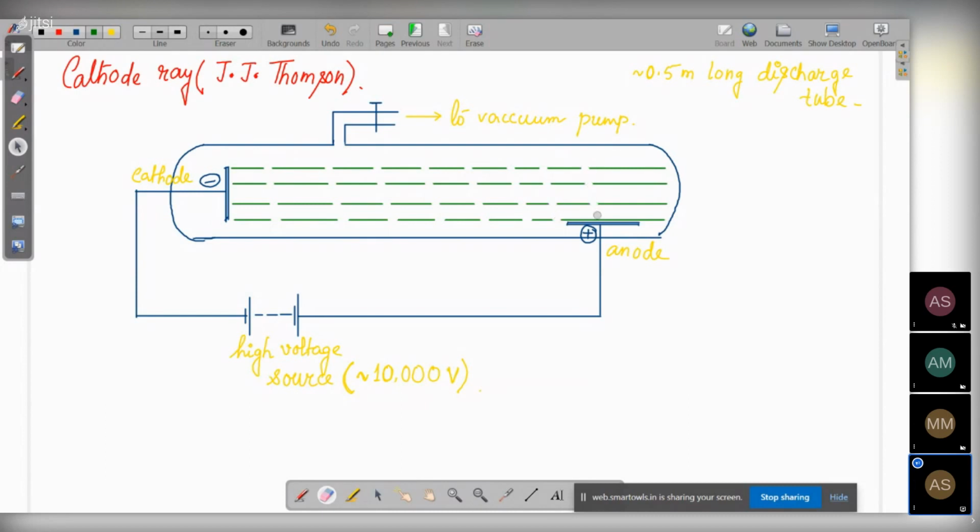Thomson just said that something negatively charged is being emitted, traveling in a straight line and moving towards the anode. And it is this which is causing the faint greenish light over here. So now let's write down the points. Faint greenish light.